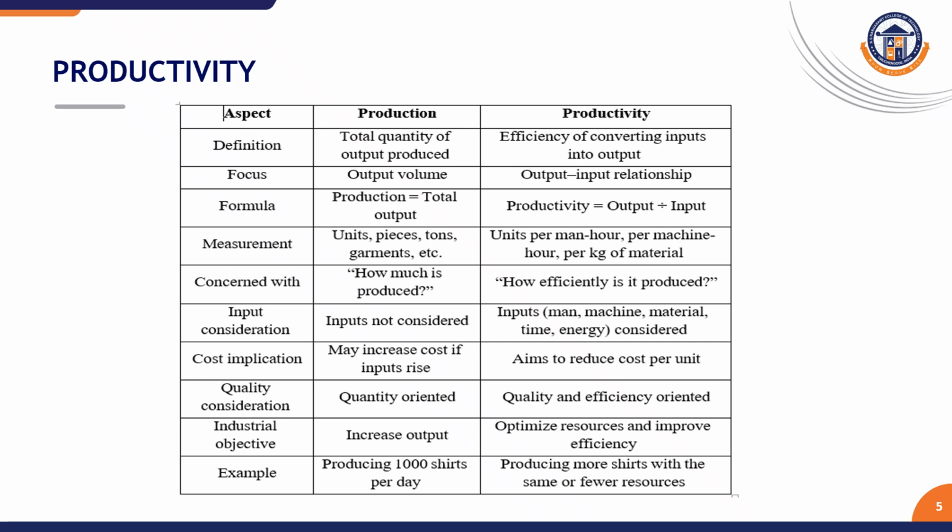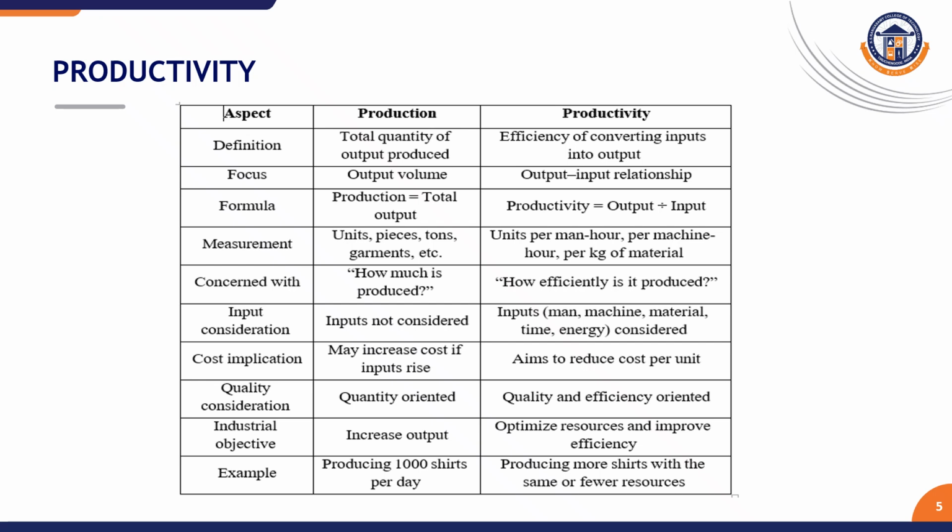In cost implication, production may increase cost if input rises, while productivity aims to reduce cost per unit. Either you increase the production for a particular resource, or for the same production decrease the resources. Both ways you can get a reduction of cost per unit.